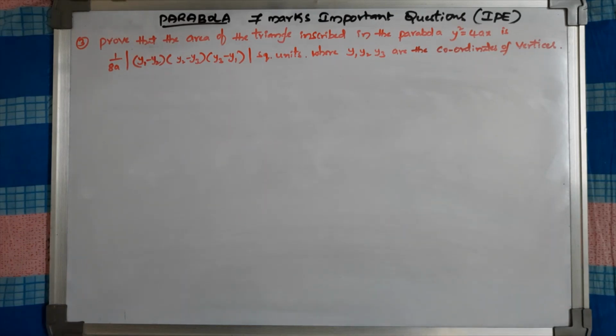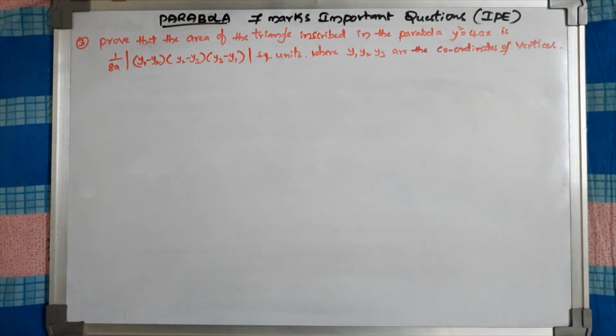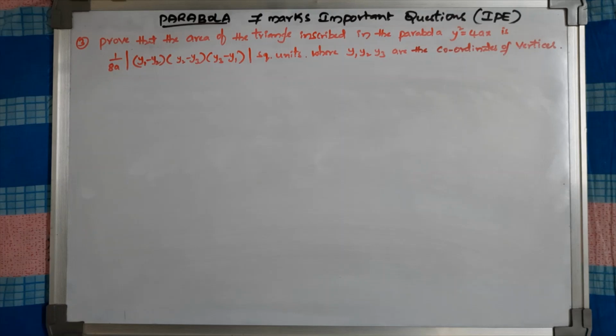So we have to find the area of the triangle which is inscribed in the parabola y square is equals to 4ax, that is we have to find the area of that triangle.